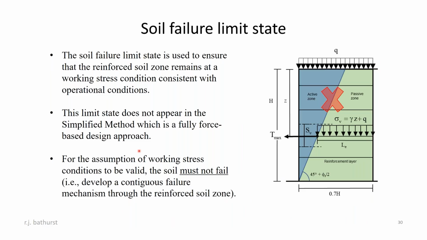It was not at a condition which was approaching failure as we understand it from conventional soil mechanics practice. And so in order for this stiffness method to be valid, the strains in the soil have to be kept below some critical threshold value.